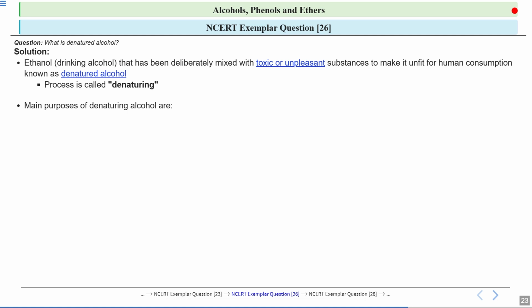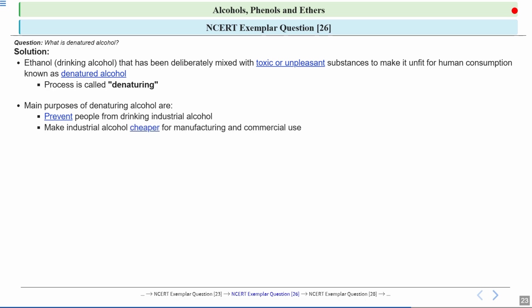The main purpose of denaturing alcohol is to prevent people from drinking industrial alcohol. One of the primary reasons is to prevent its consumption as a beverage, because it is crucial for public health and safety, as industrial alcohol can be harmful if ingested. It also makes industrial alcohol cheaper for manufacturing and commercial use.